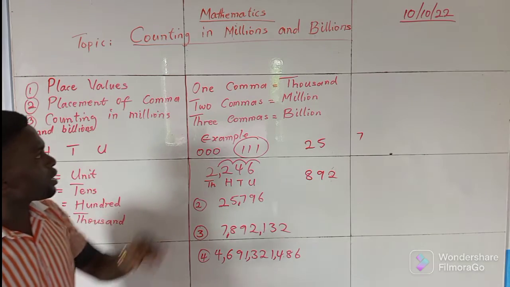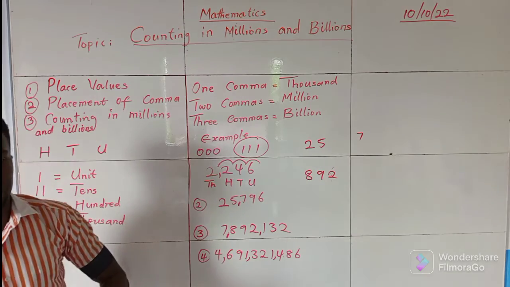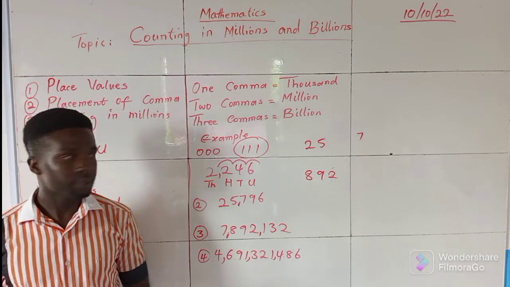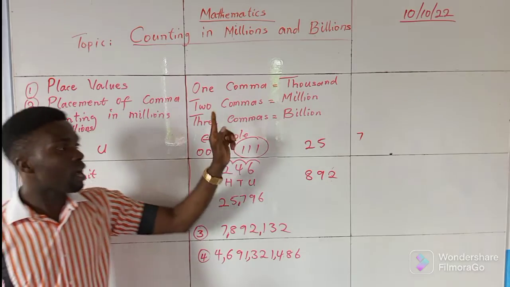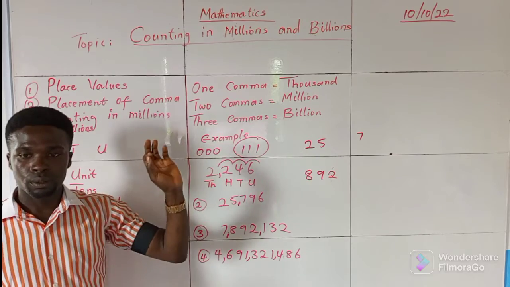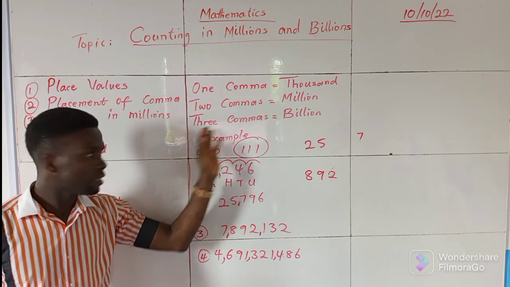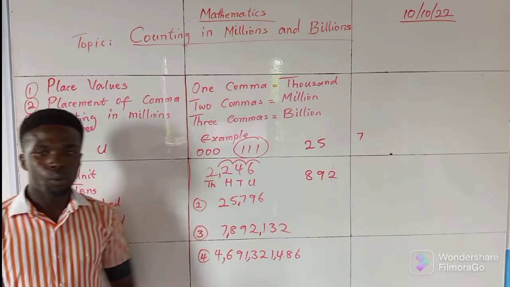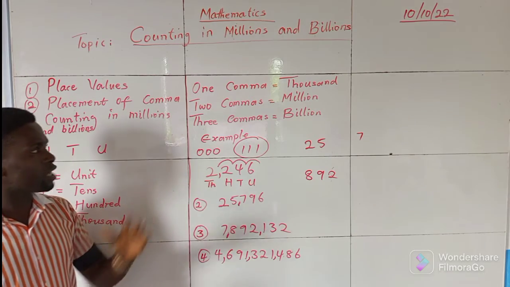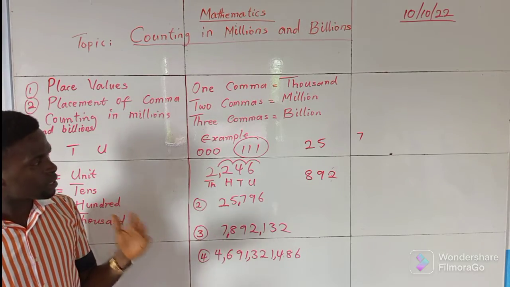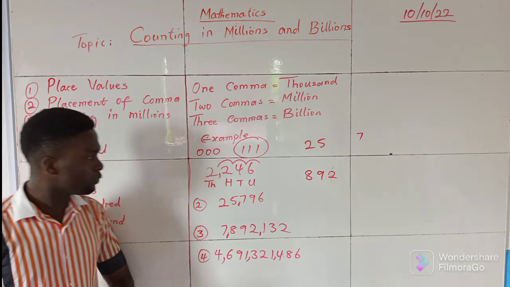And I said again that when you are grouping, 1 comma is what? 1,000. 2 commas are million. And 3 commas is what? Billion. Say it. Okay, don't forget these points. These points are very important. When you are doing your assignment, these are the points you are going to follow, so that the assignment will be very easy for you.